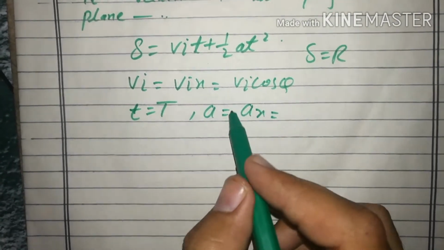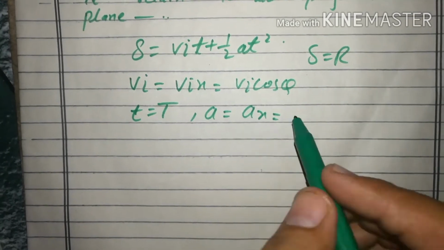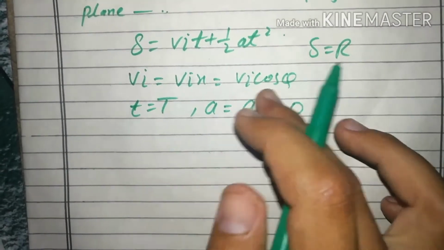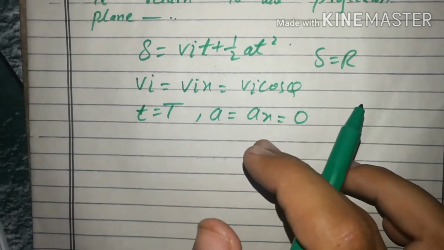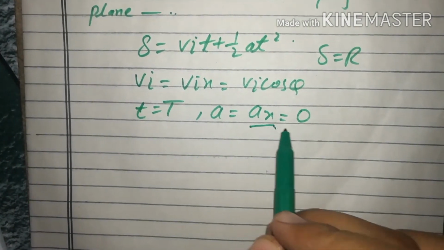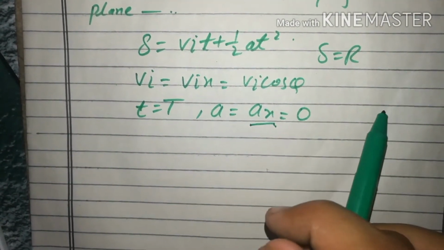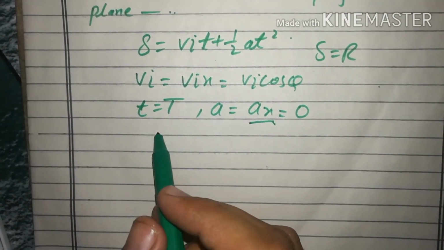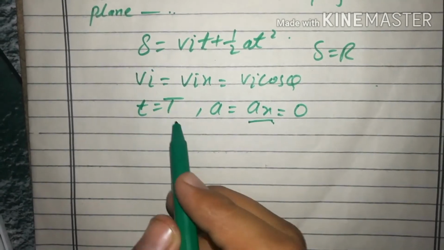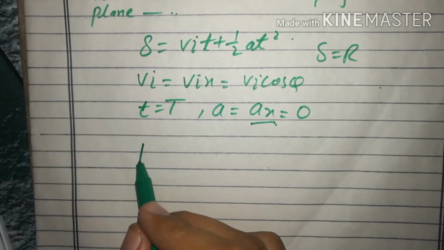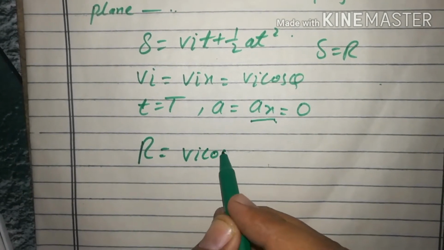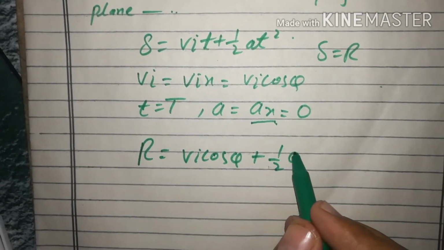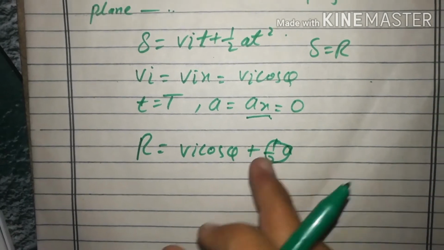As the motion is horizontal, here ax is equal to 0, as we had discussed in the previous classes, that ax is equal to 0 in the projectile motion. So R is equal to, putting this data in this equation, Vi cos theta T plus 1 over 2 ax, and ax is equal to 0, so the whole factor is equal to 0.